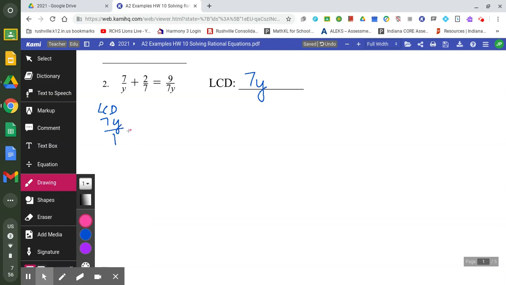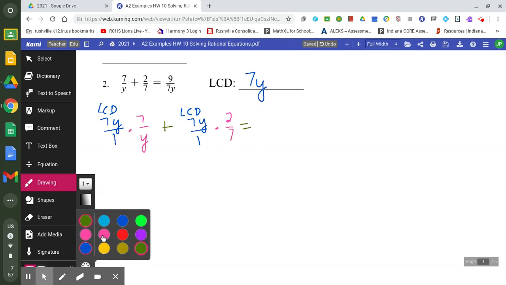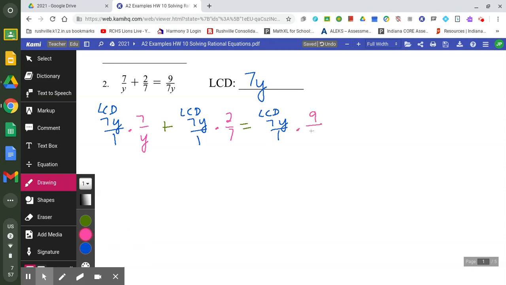I'm going to multiply it times the 7 over y that's already there, plus the least common denominator, 7y over 1, times the 2 times 7 equals least common denominator of 7y over 1 times the 9 over 7y.